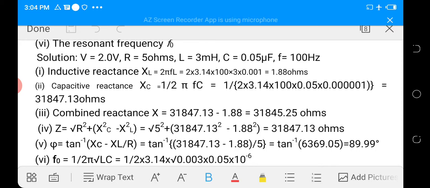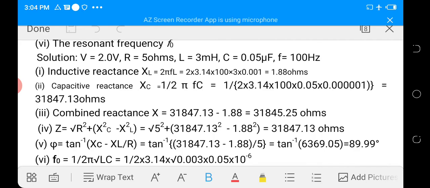Substituting for all the parameters, we have our capacitive reactance to be 31,847.13 ohms. (3) The combined reactance X is given by the difference of capacitive reactance and inductive reactance.